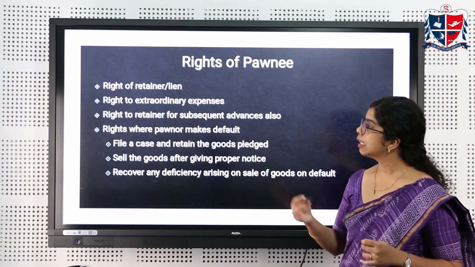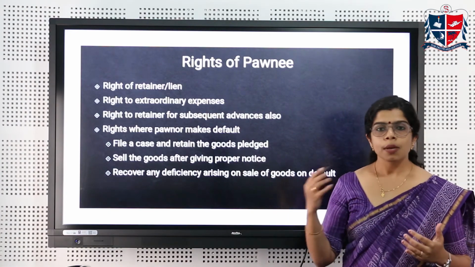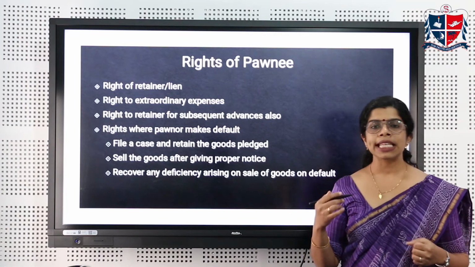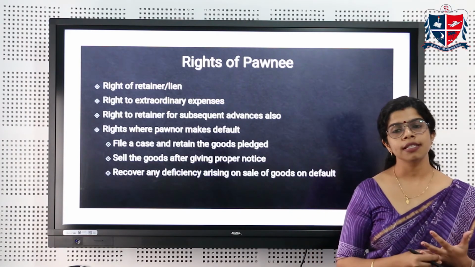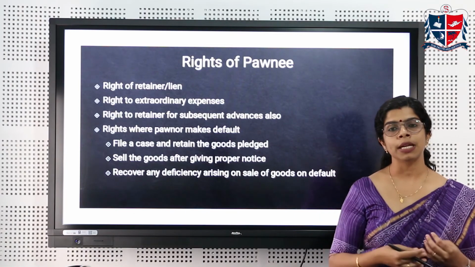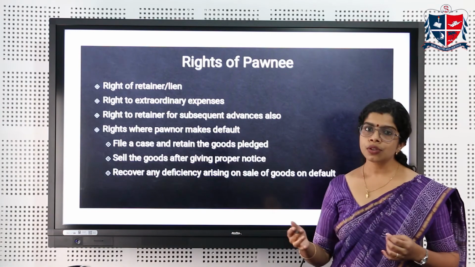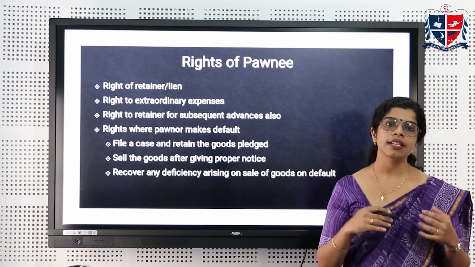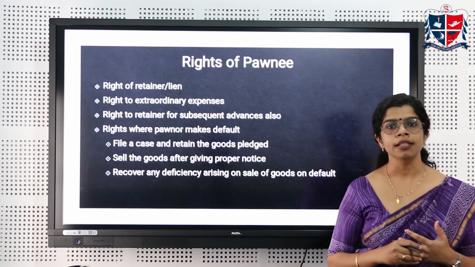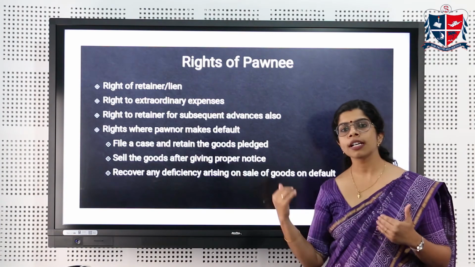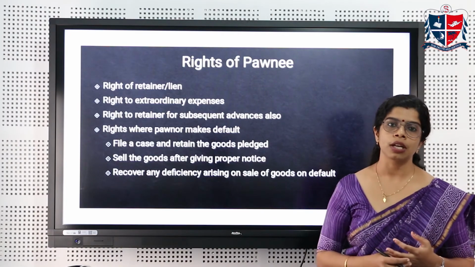The next right would be the right of retainer for subsequent advances also. Suppose the pawnee or pledgee makes any subsequent advances, giving any subsequent money to the pledger as a loan. He can retain the goods that the pledger has already given him in the initial advance as long as the pledger does not give back the subsequent advances as well.